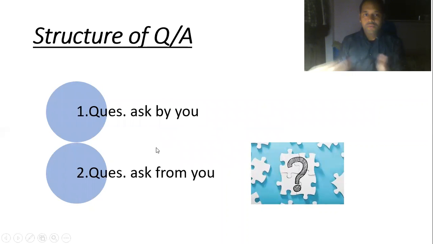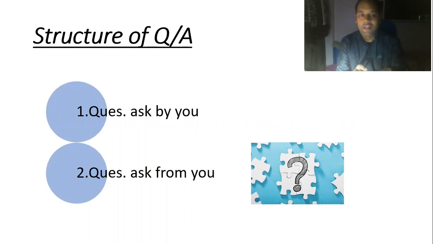When we are thinking about the art of asking questions, we can think of a structure we could follow. There are two possible ways when we are interacting with our audience or someone as a person. First, we ask the question, so basically a question asked by you.